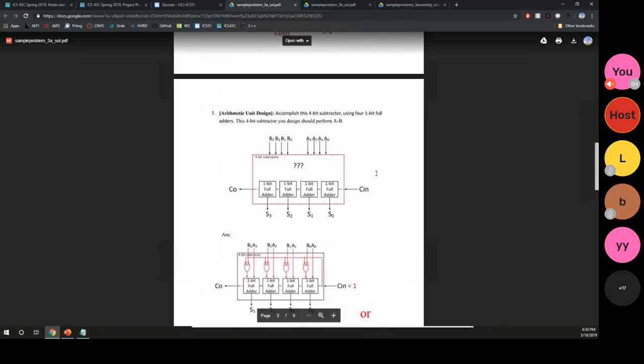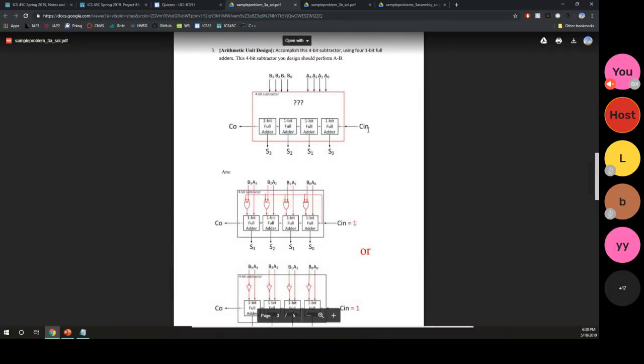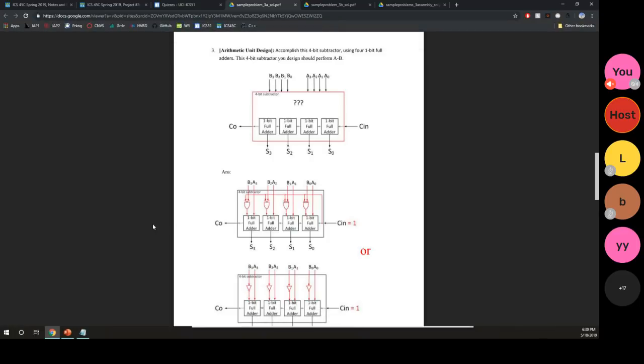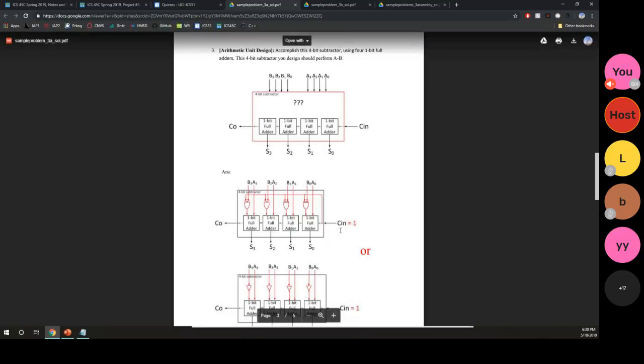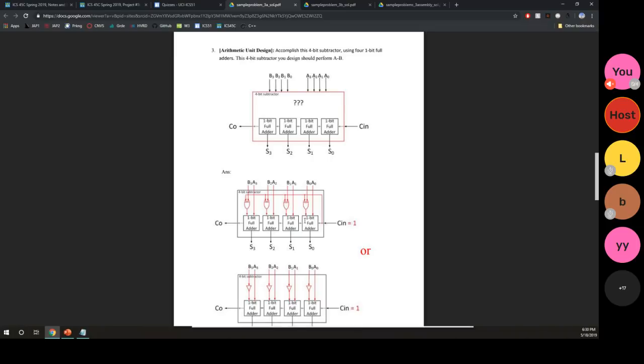For example, if we look at this question, we have C in here and it goes through all of them, because when you add two numbers, if it's 1 plus 1, this is like back to the first week, this carry out becomes the carry in pretty much.